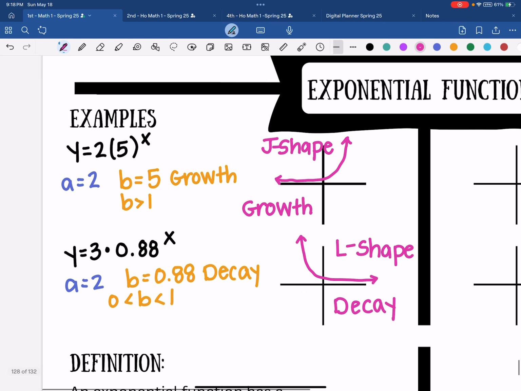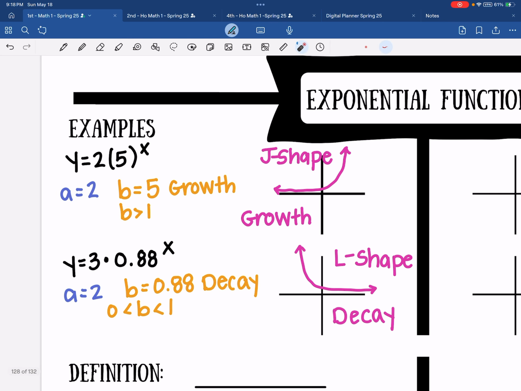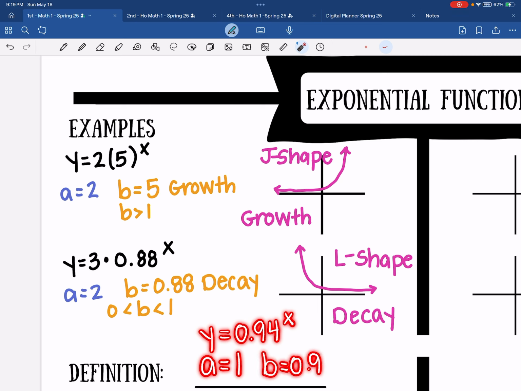Now, you do not have to write this down necessarily, but just to talk about it, if I have y equals 0.94 raised to x, I do not see an a value in front. So my a value is automatically a 1, and my base is always the multiplier, the number below the exponent. So my base is 0.94.